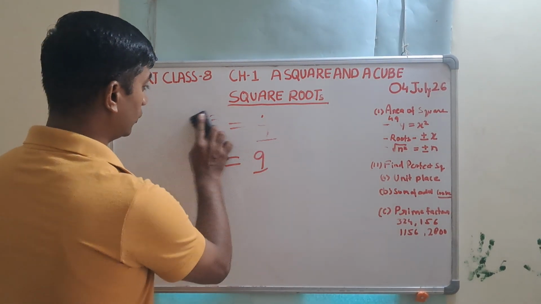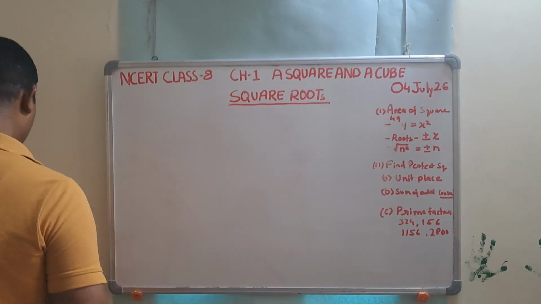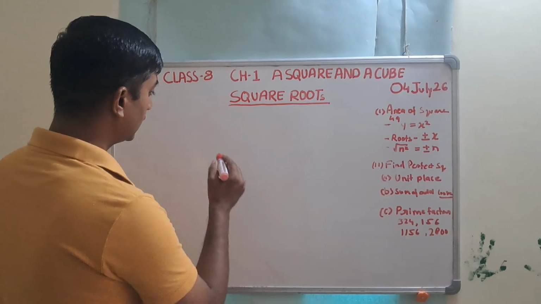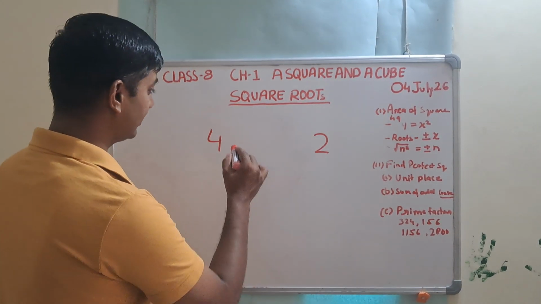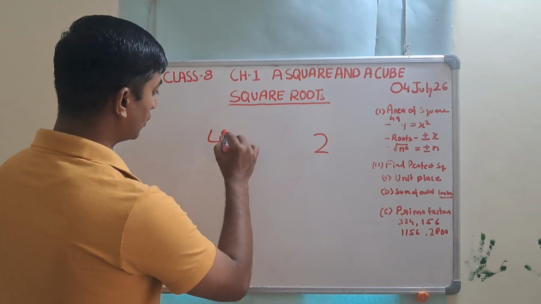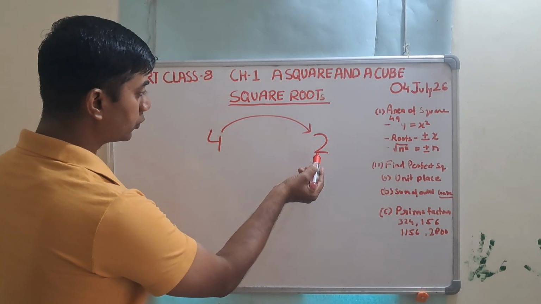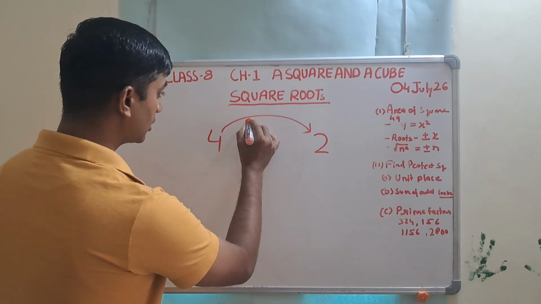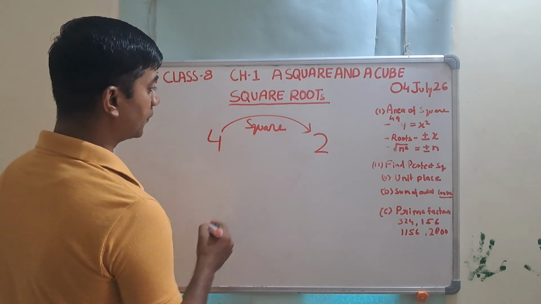Then what is square root? See, here it is 4, here it is 2. How are they related? How is 4 related to 2? 4 is square of 2.